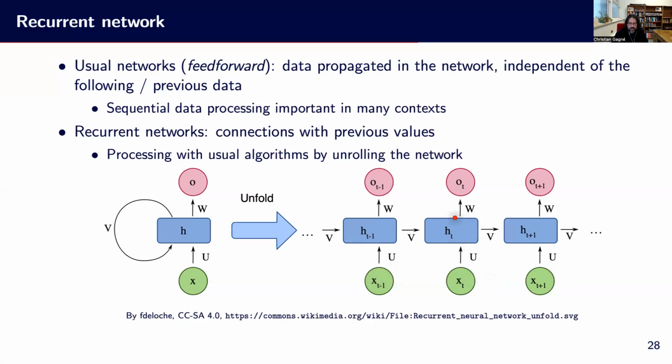And then we see that the value of h at the previous step, h_{t-1}, is used as input for the current h_t, which provides the output for the decision o_t, but is also used as input for the next h, h_{t+1}, for the next x, and so on. This is how we often use it in practice. We are unrolling the network over the sequence. And the weights here are shared over all the steps.